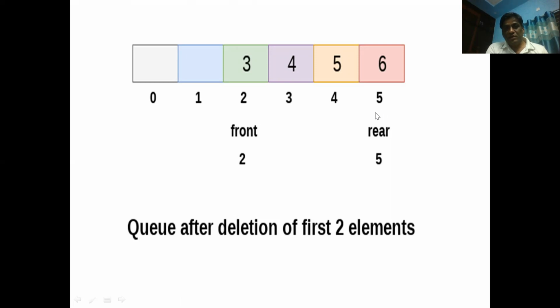Now the queue actually contains two empty locations at the front side, but if you try to insert a new element into this queue, insertion will fail. Why? The reason is rear is pointing to 5, that means size minus 1. Therefore you cannot insert a new element from the rear position, right?